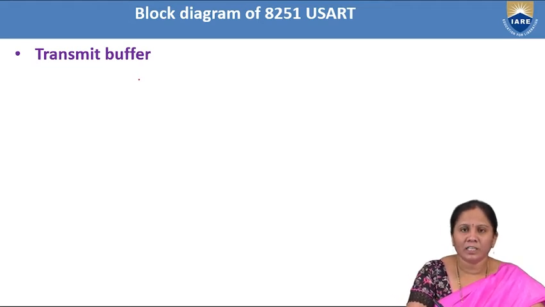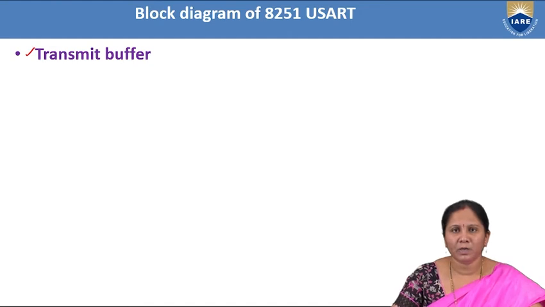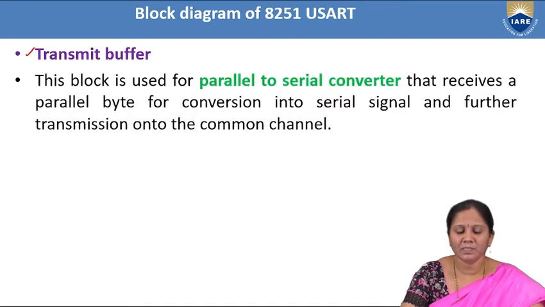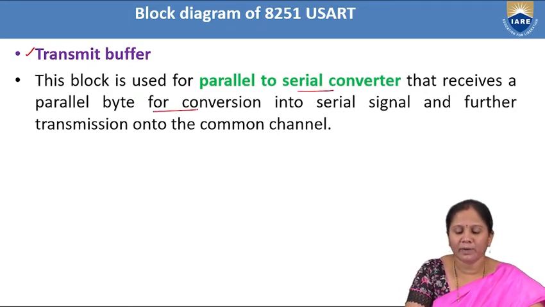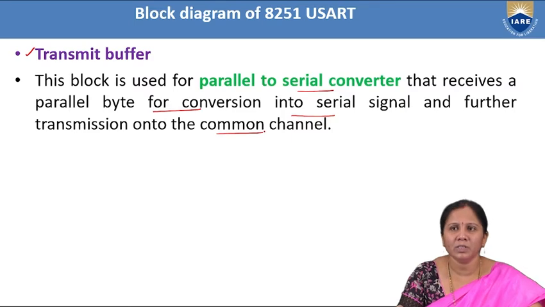And so in the transmitter section, we have this transmit buffer block. What is the function of this transmit buffer block? This block is used for parallel to serial conversion. It receives a parallel byte for conversion into a serial signal, and further transmits it into the communication channel.